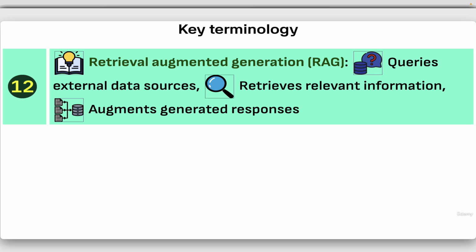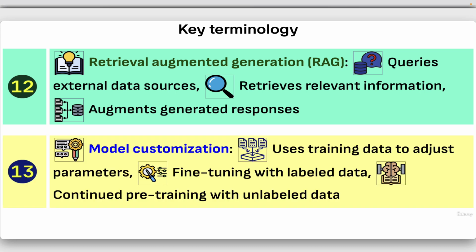it through some applications. Model customization: the process of using training data to adjust the model parameter values in a base model in order to create a custom model. Examples of model customization include fine-tuning, which uses labeled data, which are basically inputs and corresponding outputs, and continued pre-training, which uses unlabeled data, inputs only, to adjust the model parameters.